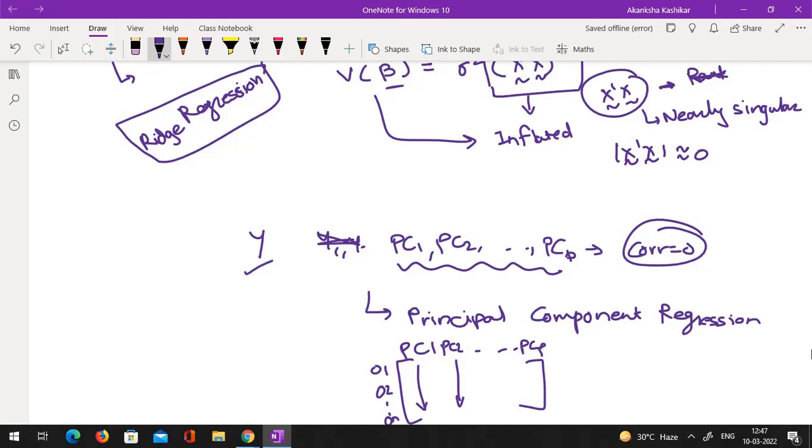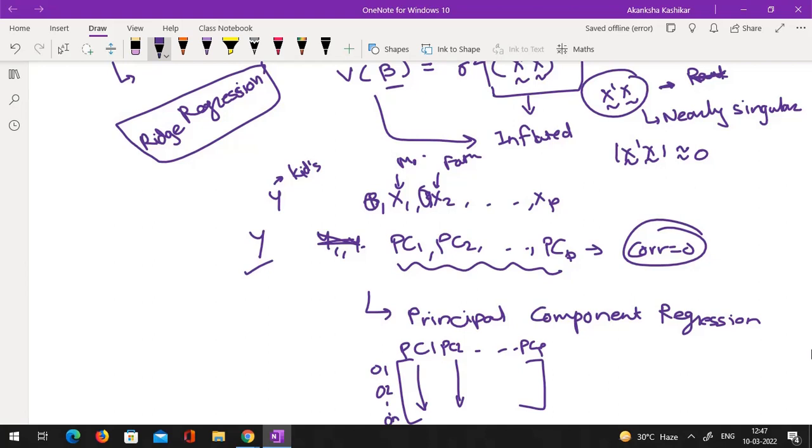Of course, no method is perfect, so this has its own problem. One important problem is that if I had the original variables x1, x2, ..., xp, then interpretation is easier. For example, y could be kid's height, x1 mother's height, x2 father's height. Then when I get coefficients beta 1 and beta 2, I can say father's height has this much effect on kid's height, mother's height has this much effect, and compare which is large and which is small.